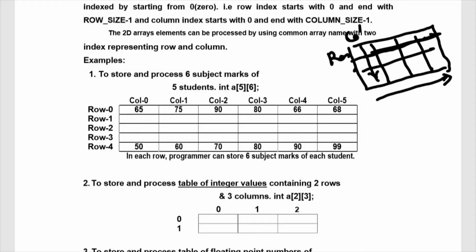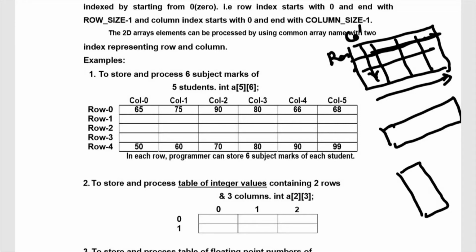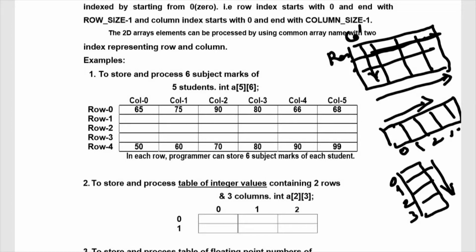In a single dimensional array we had only one dimension, either this way or this way, and to access these values we had index 0, 1, 2, 3 and so on. If I am going to store in a single dimensional array, I used to have an index which starts with 0 and goes up to the size of the array minus 1.